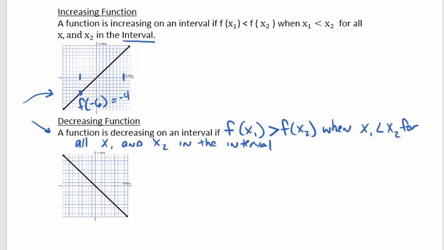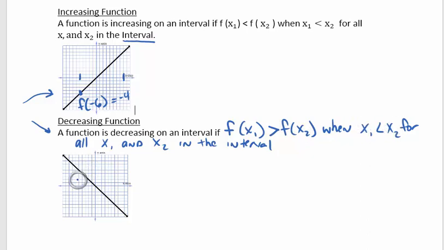All right, let's see how you did. Here's the definition I came up with. A function is decreasing on an interval if the function evaluated at the first x coordinate is greater than the function evaluated at the second x coordinate when the first x coordinate is less than the second.